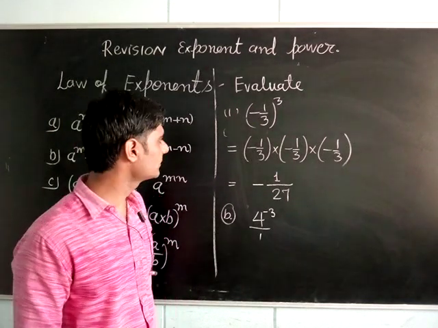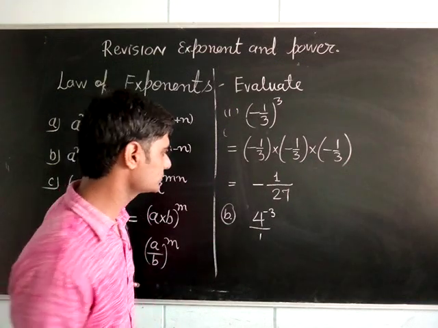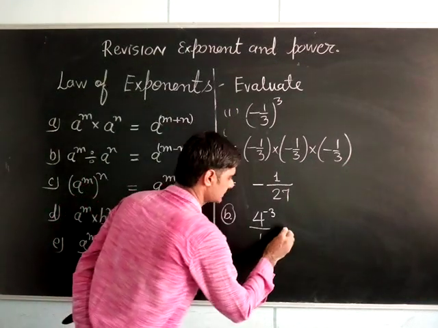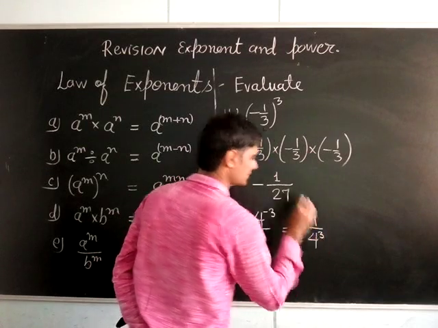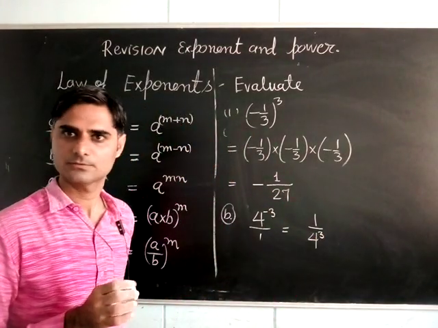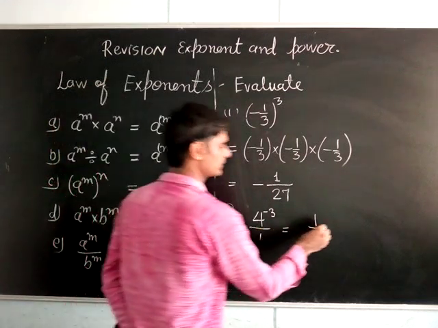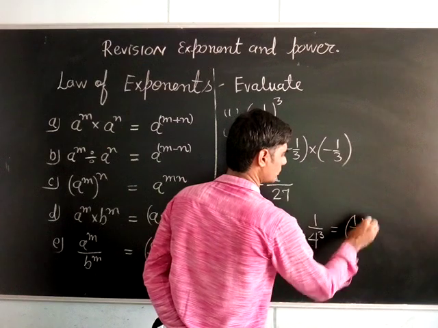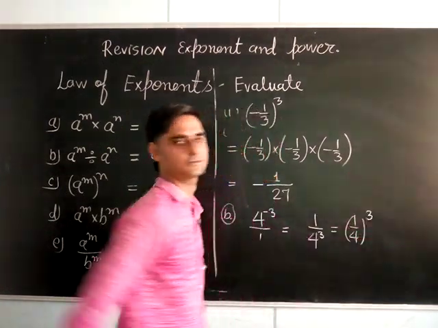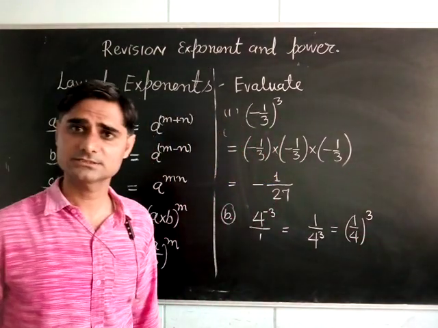Okay, the sign of the power will change. How will we change? This will be equal to 1 upon 4 power 3. Okay. 1 upon 4 power 3 will be equal to 1 upon 4 whole power 3. Write like this.